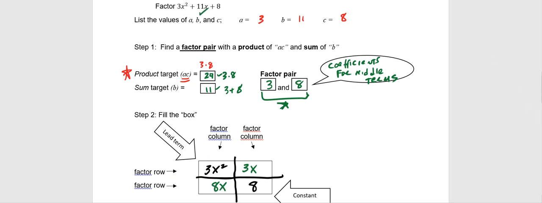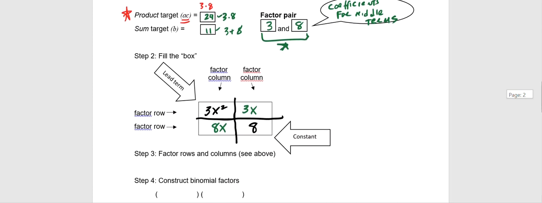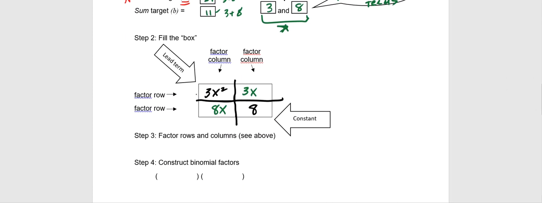Okay, so now moving on, what we need to do is to treat these two rows as binomials, these two columns as binomials, and go back to using our skills for factoring monomials from these binomials to ultimately get to our final answer. So let's move along.